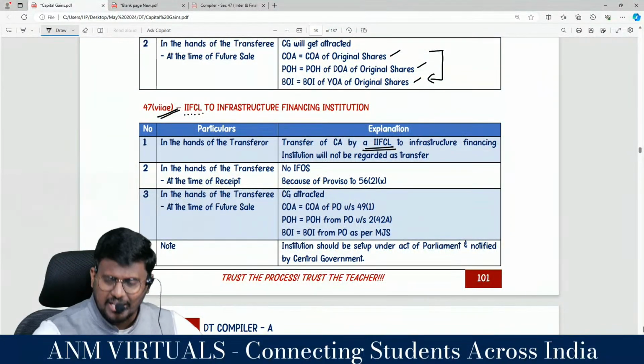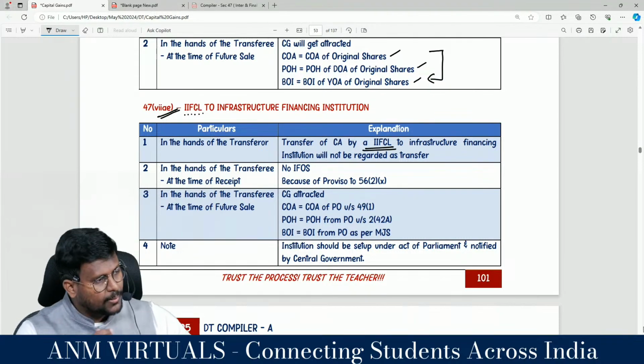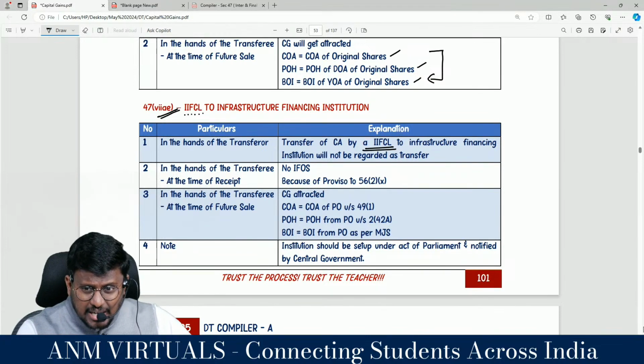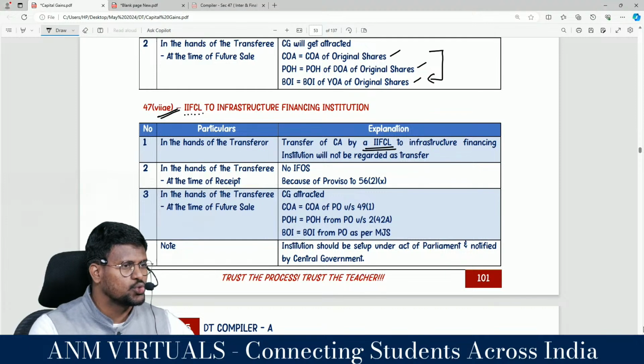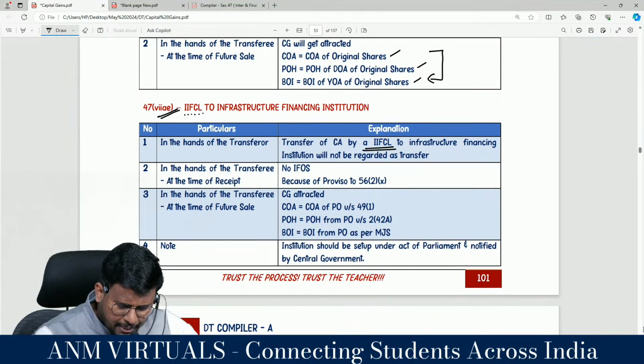This will not be regarded as transfer of capital asset by Indian Infrastructure Finance Company Limited to the infrastructure financing institution. Do you agree? Whose capital asset has come and joined?